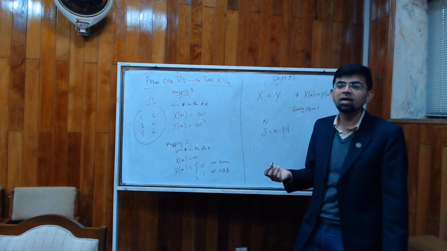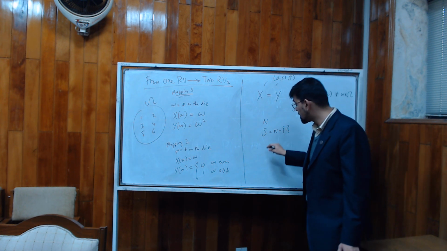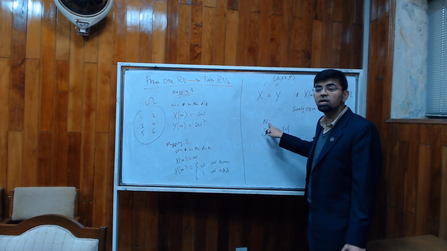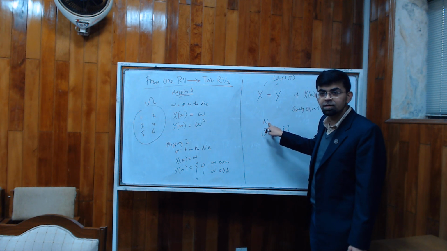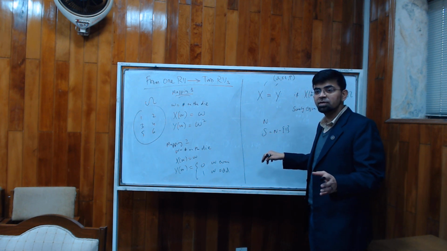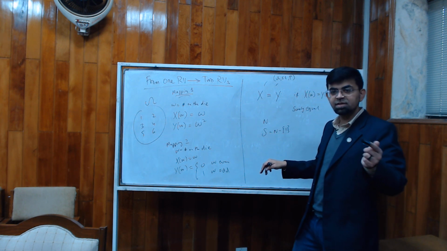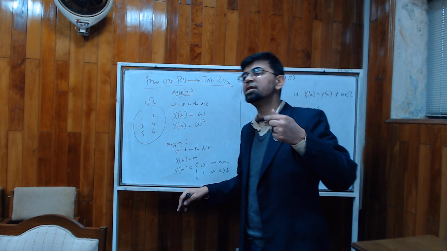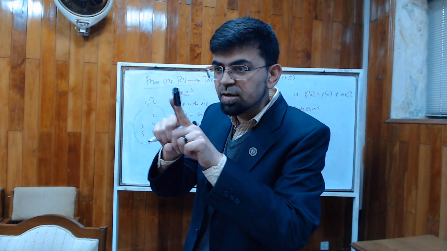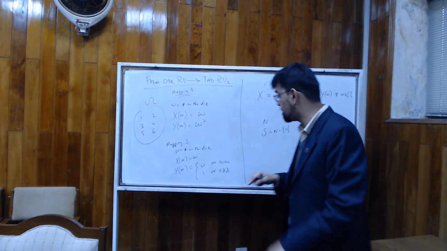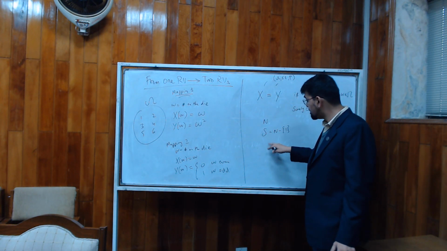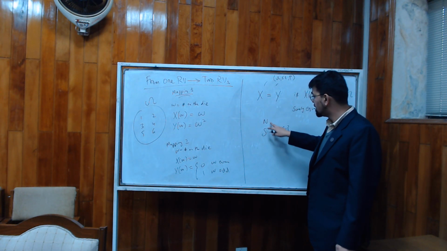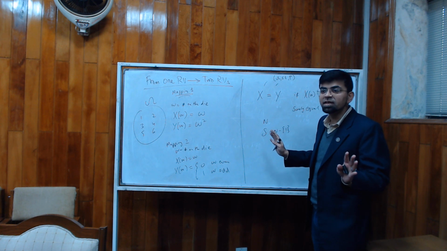So are S and N equal? Not equal. Two sets are equal when they have the same cardinality, the same number of elements, and each element one to one is the same. Here they are not equal, but we can see they are almost equal.